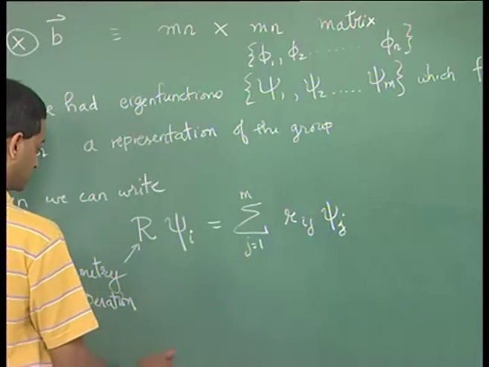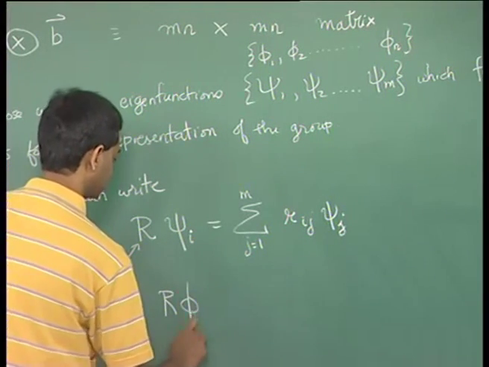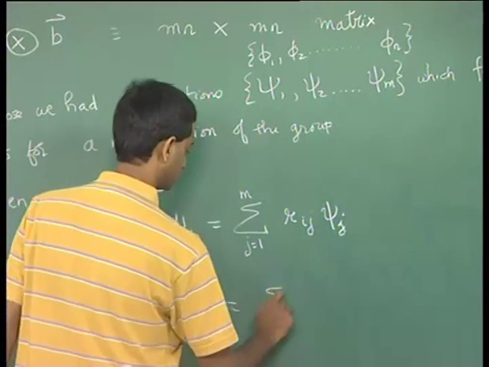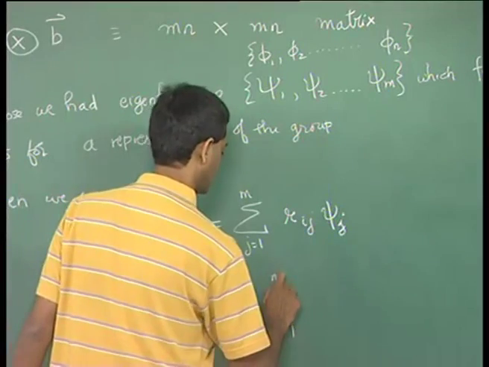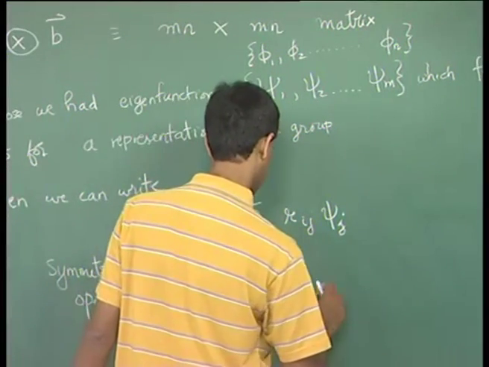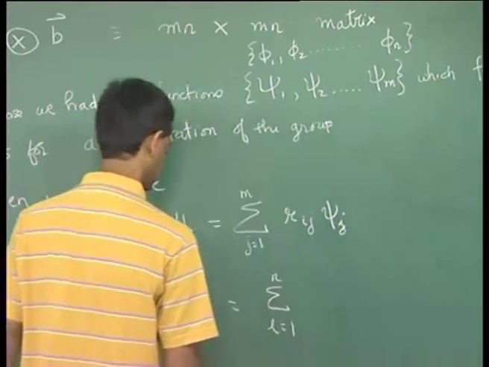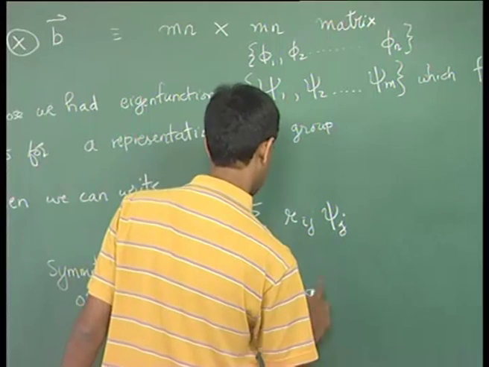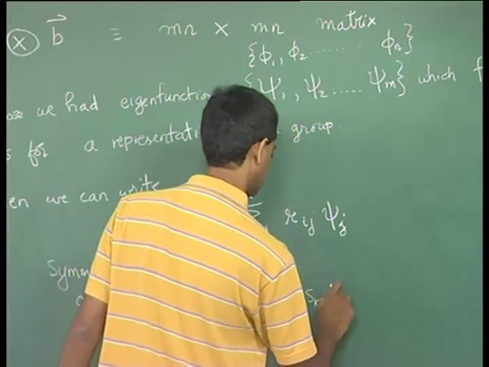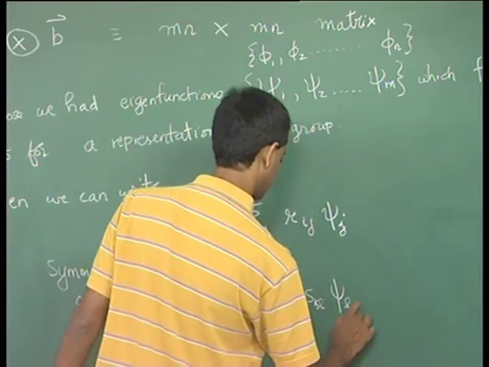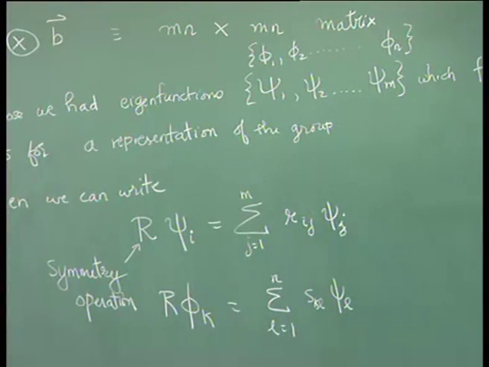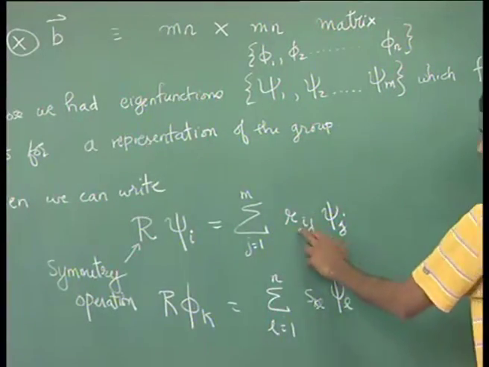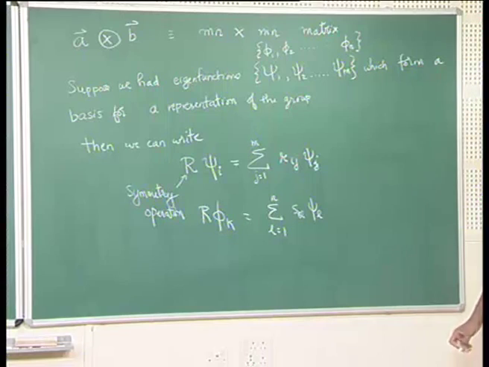Then you would write R times phi k equal to the sum over l from 1 to n, and now you might have some other matrix elements. I will just call it S lk, times phi l. So these are the matrix elements corresponding to this operation in this representation.